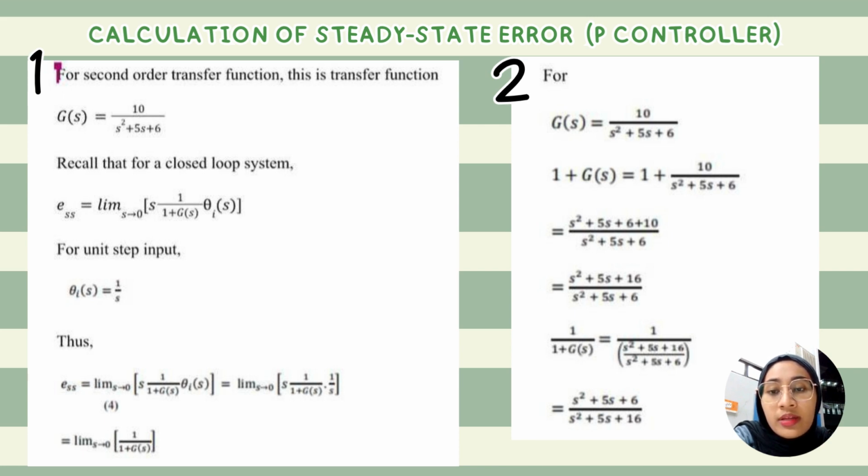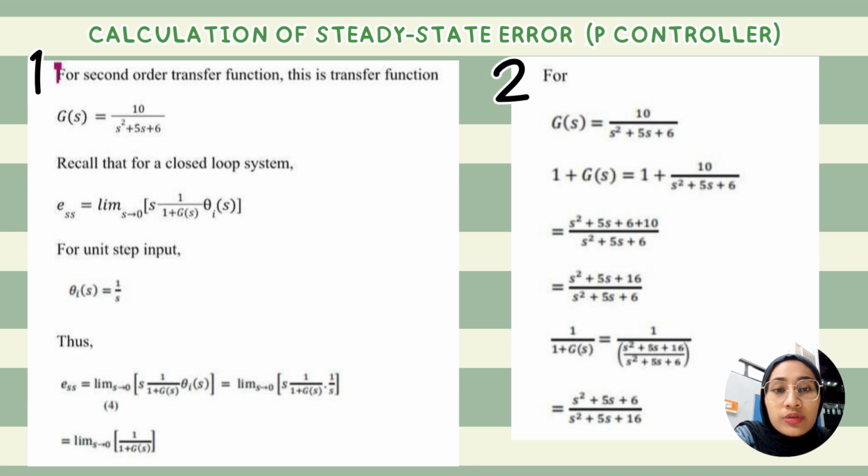Thus, ess equals limit s to 0 of s times 1 over 1 plus G(s) times R(s), and finally we will get limit s to 0 of 1 over 1 plus G(s).